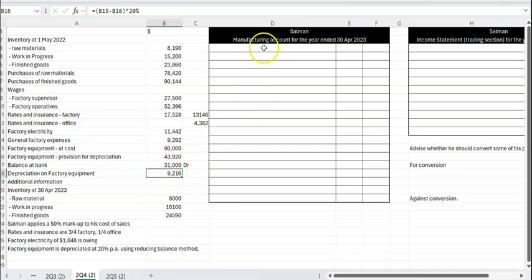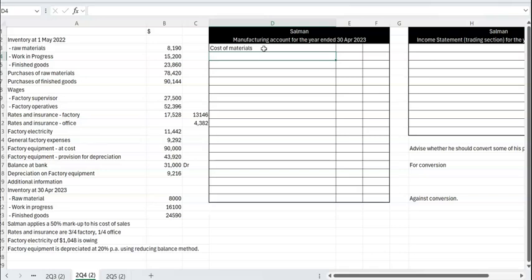So now we get to do our manufacturing statement. So we're going to start off with the cost of material. So remember, we always start with our opening balance.